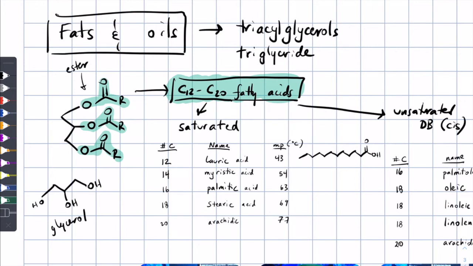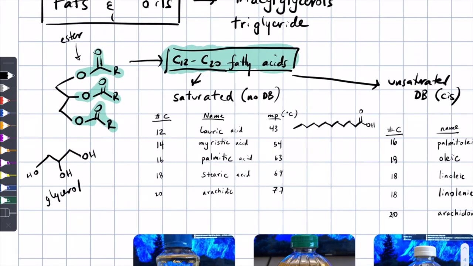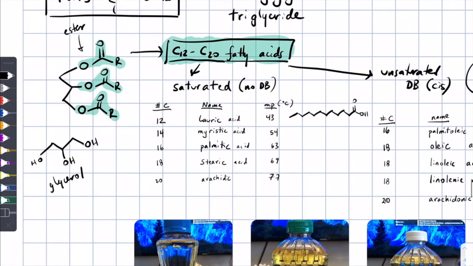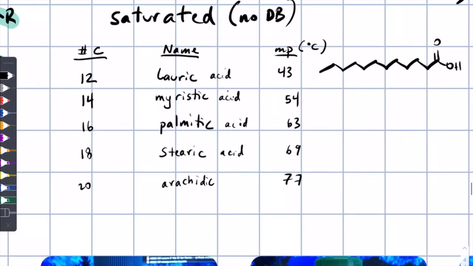Some of them we call saturated, and by saturated we mean no double bonds. Each carbon is fully saturated with either carbon-carbon bonds or carbon-hydrogen bonds. I guess saturated refers to all the carbon-hydrogen bonds. And here's a list of some that are commonly found. Most of the ones derived from biological sources have even numbers of carbons.